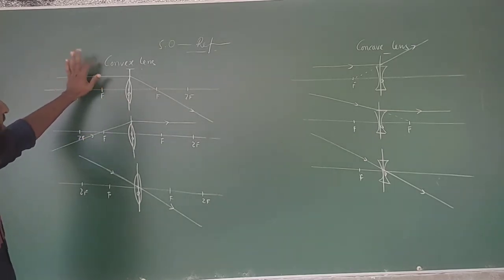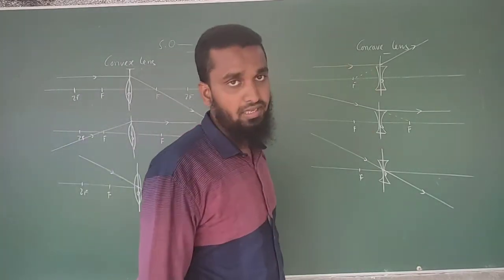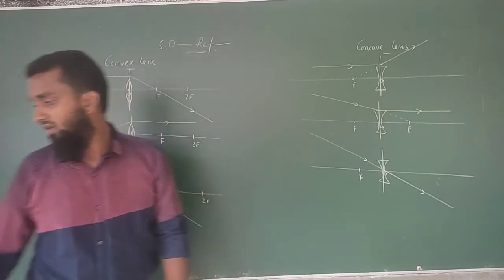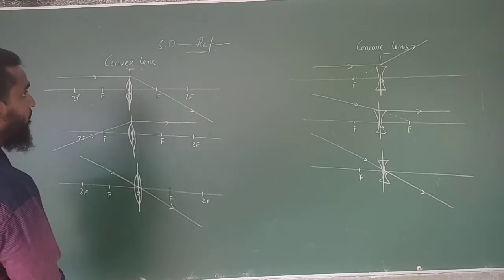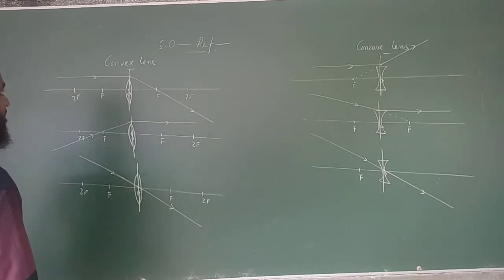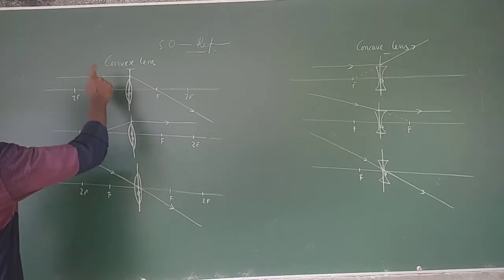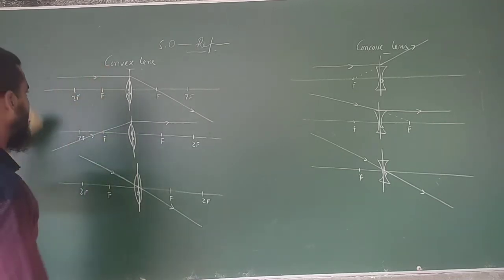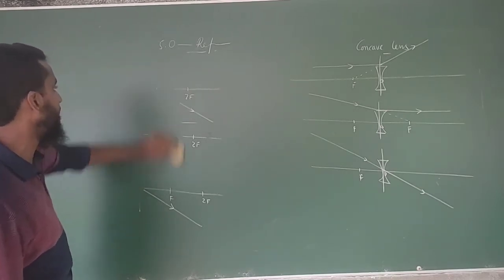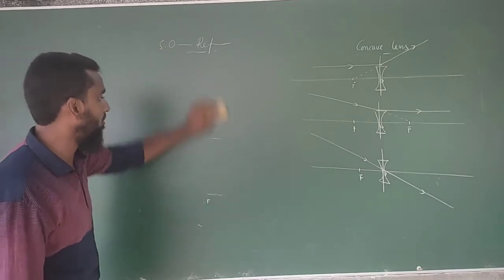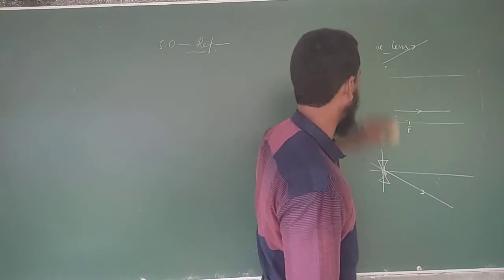We are going to draw 6 ray diagrams for convex lens and 1 ray diagram is enough for concave lens. The ray diagram is going to differ according to the place where we are keeping the object, and the places where we obtain the image also differ. We start with the first ray diagram.